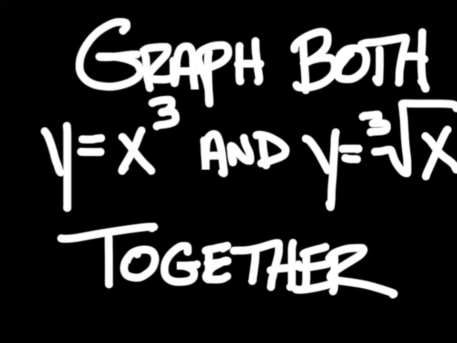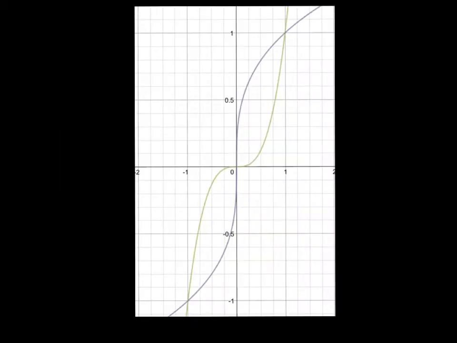Now if you put them both on the same graph, since we've done this before, you should have a better idea about what's being created. Here they are on the same graph. What happens when you put them on the same graph? They intersect at 1, negative 1? Negative 1, negative 1 is right.